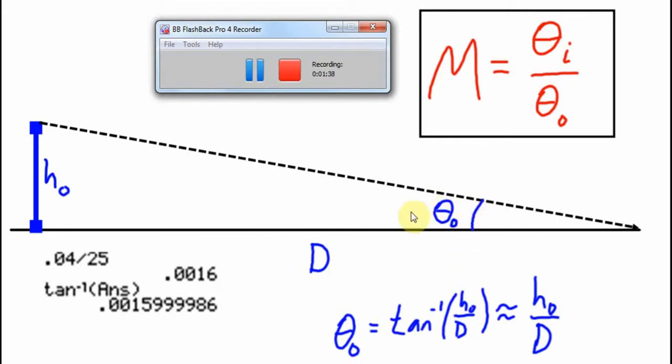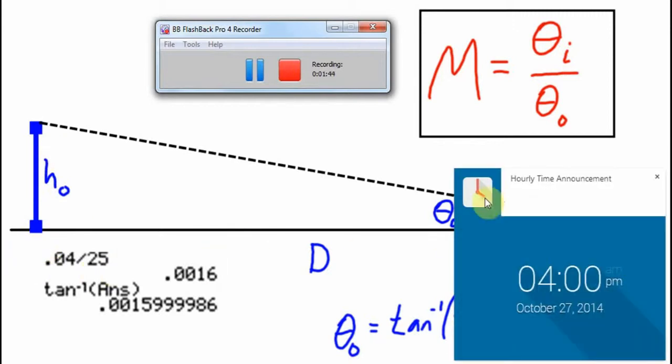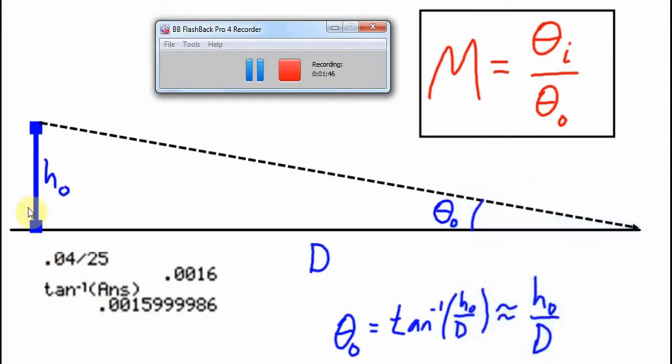But if the angles are small enough, and you can check this with a calculator, say I had 0.04 here and 25, if I was just taking this ratio of the sides before I take the arctangent, I'm at 0.0016 unitless. And if I take the arctangent here in radians, I get essentially the same number. So it's interesting, in radians at small angles, you can approximate the angle itself with the tangent, also with the sine if you wanted to.